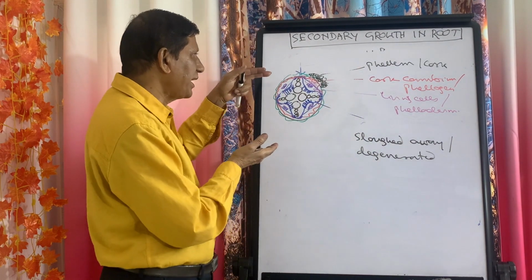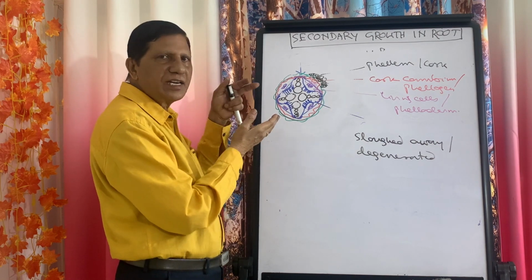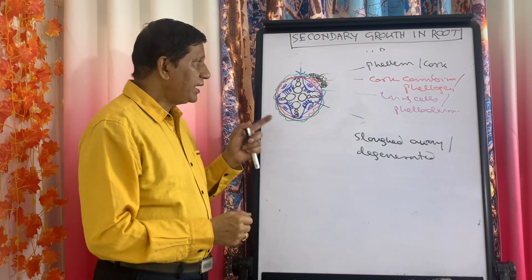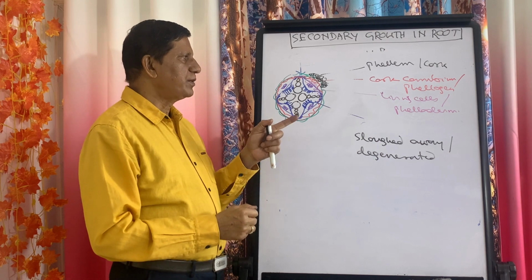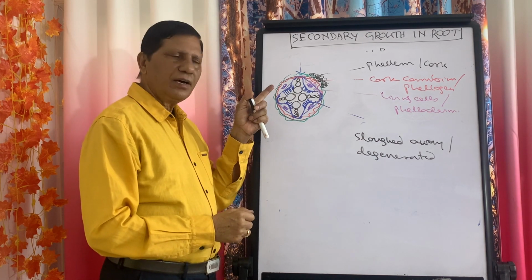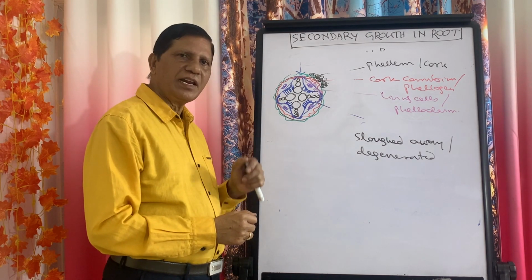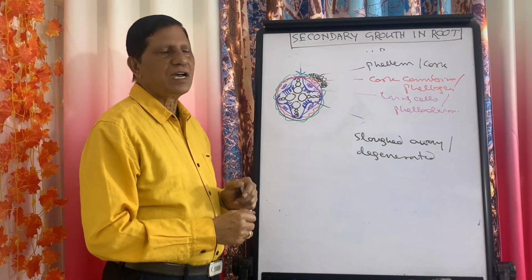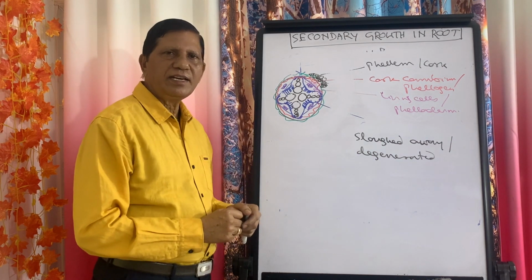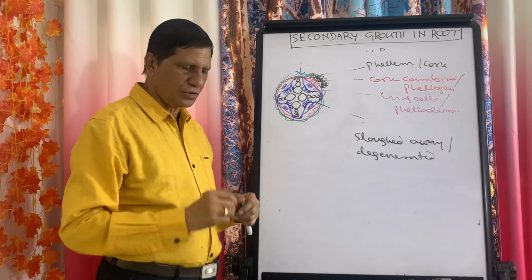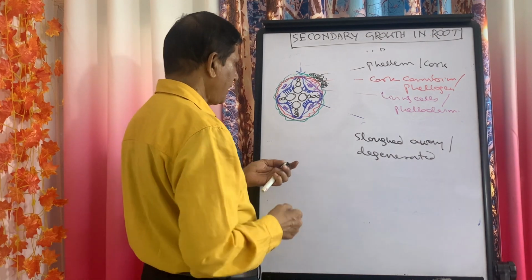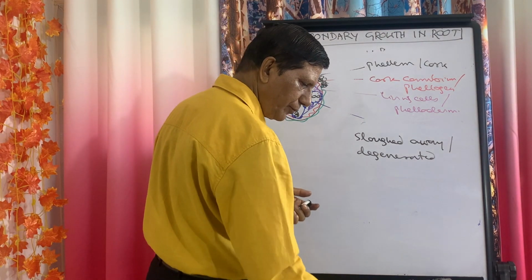So this is how the secondary growth takes place in the stellar and extrastellar region. But besides this growth, another important aspect of the pericycle is that it gives rise to lateral roots. So how does it give rise to lateral roots?